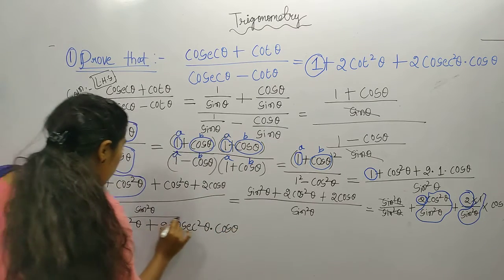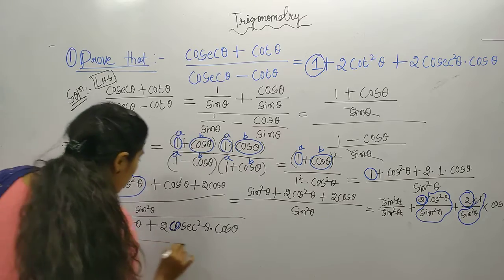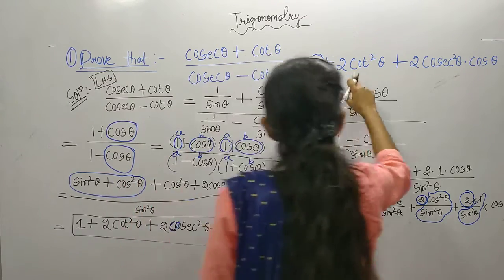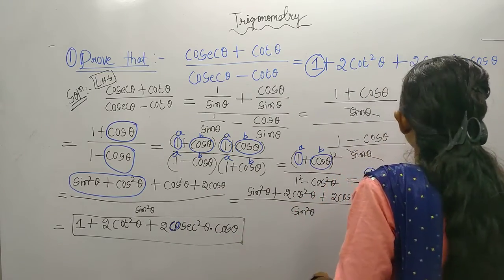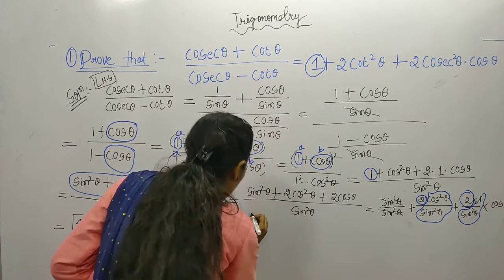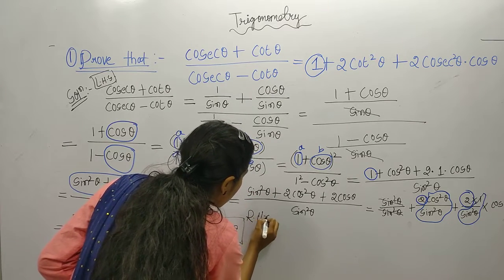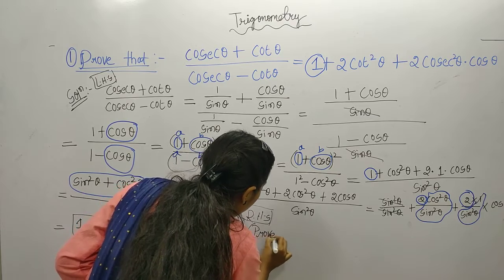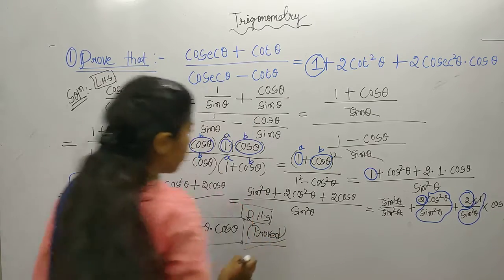So we have proved the solution. So here you see, 1 plus 2 cot square theta plus 2 cosec square theta into cos theta. So we have proved here RHS, it's proved. Over.